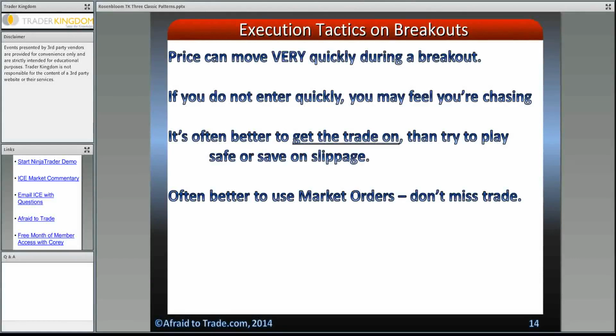So keep this in mind, that sometimes, depending on your market and your time frame, we're not talking daily charts, talking 1 minute, 5 minute, 15-minute lower frame, it's often better to just sort of bite the bullet and get in with market orders.